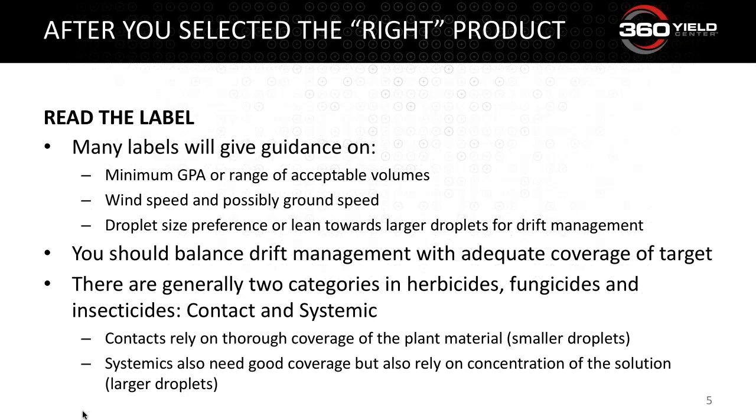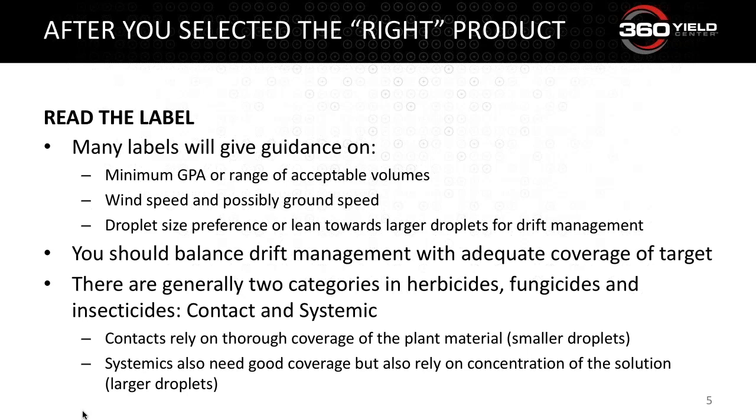Some will get very specific and talk about droplet size. And some may lean towards saying something like use larger droplets, and they're really saying that from a drift management standpoint. Those of you who've been around a while, like myself, when Roundup Ready was launched back in the mid-90s, 96 and 97, we saw the Roundup label go to a specific micron size where they were recommending 400 to 800 microns, which probably falls into that kind of medium to coarse droplet size.